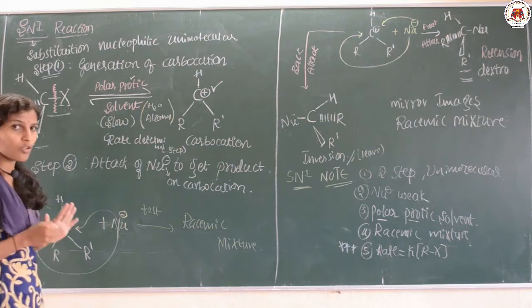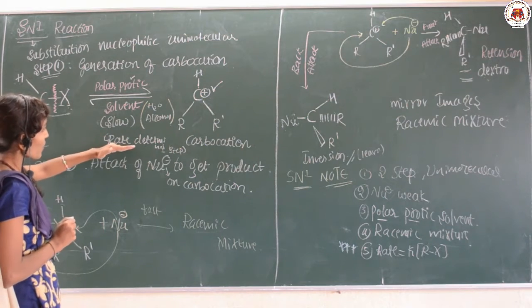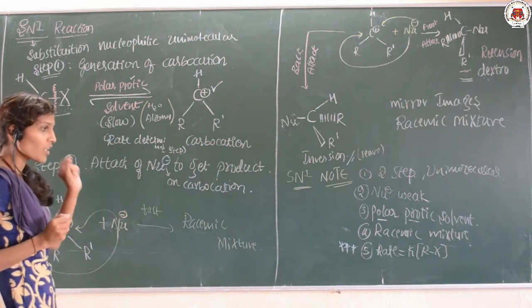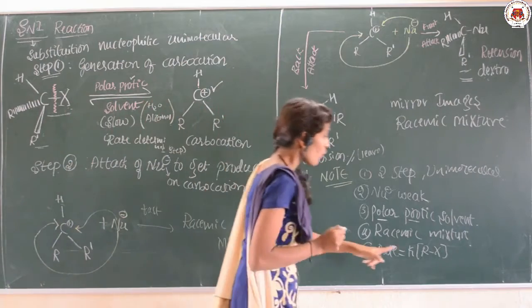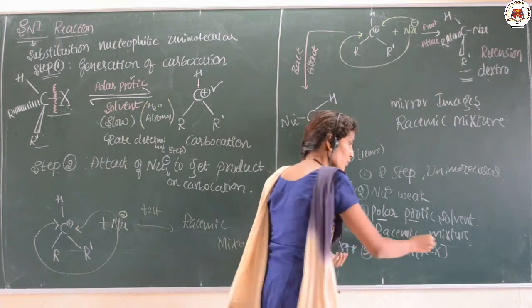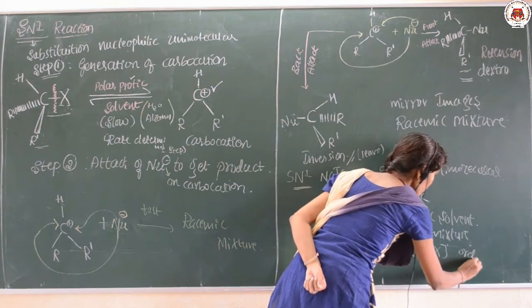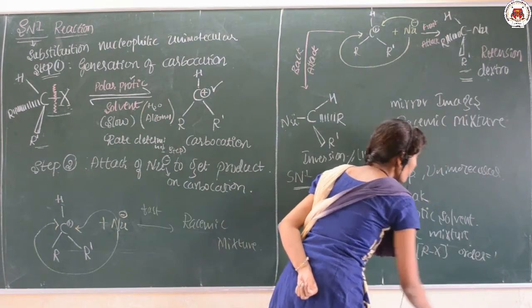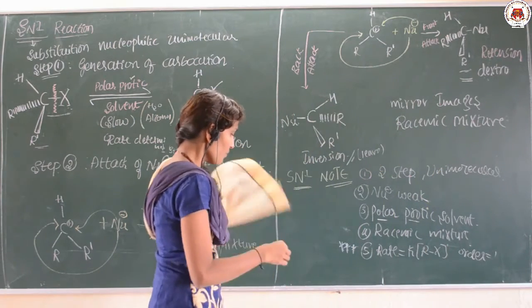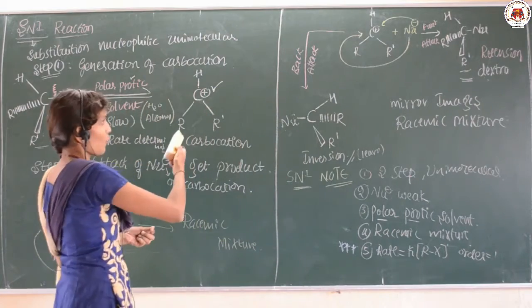In the second step the nucleophile will be there, but the first step is slow and is considered the rate determining step. So, the rate depends only upon the concentration of the haloalkane RX, and its order is said to be first order. I hope you are getting it.